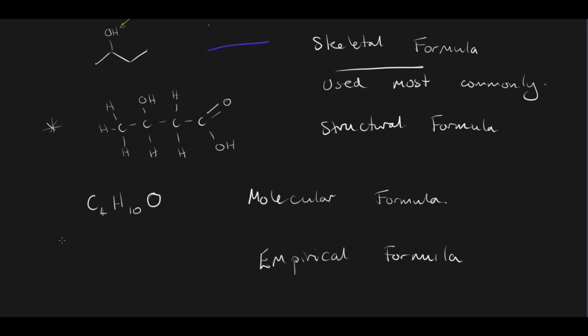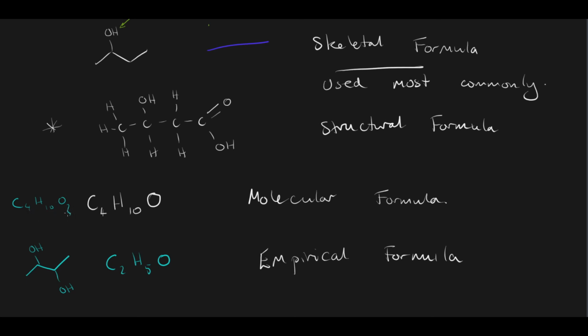If we went for, and I'll draw it in its skeletal form, butan-2,3-diol instead of butan-2-ol, which has two alcohol groups on it like this, then the molecular formula of this would be C4H10O2, but the empirical formula would be C2H5O, because you're dividing each of these to make it the smallest number it can be and still be integers.